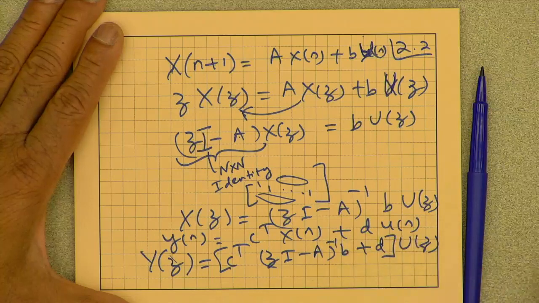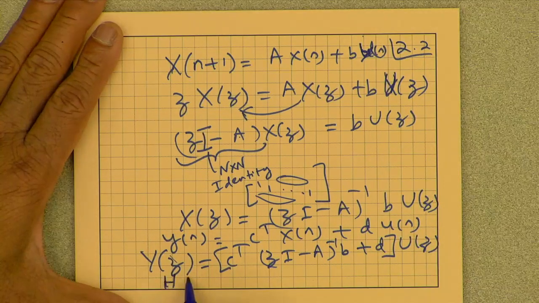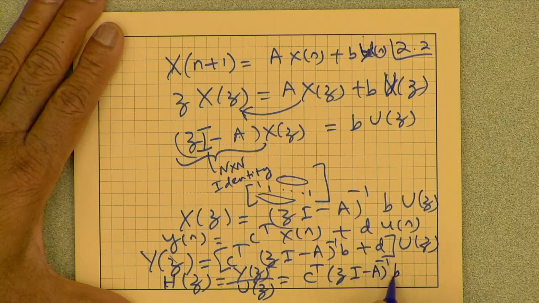And then the transfer function H, which is what I'm interested in, is equal to Y by U, and that is c transpose times (zI minus A) inverse B plus d.